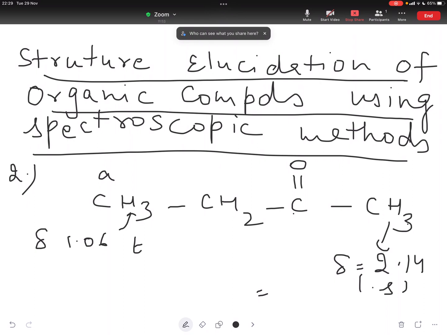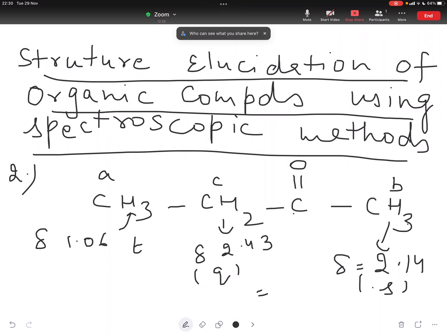And then at delta 2.43, we get a quartet, because these two protons are being split by the three protons on the adjacent carbon.